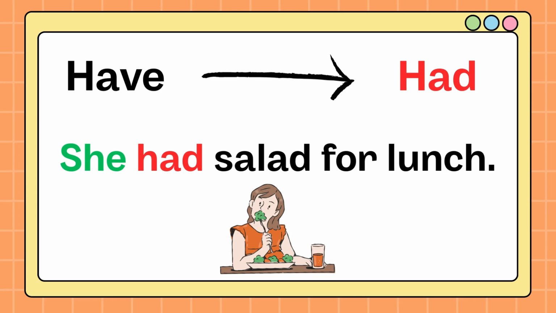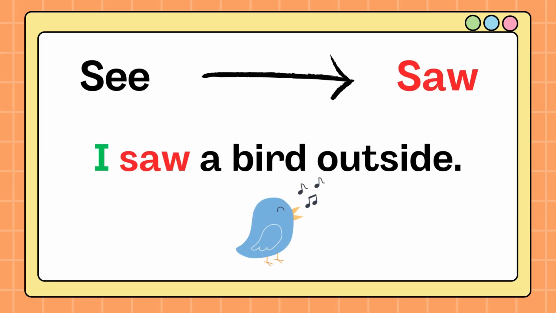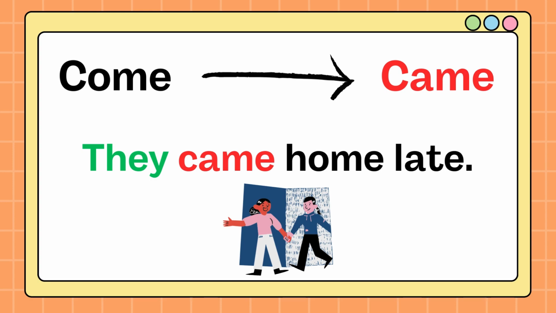She had salad for lunch. See becomes saw. I saw a bird outside. Come becomes came. They came home late.